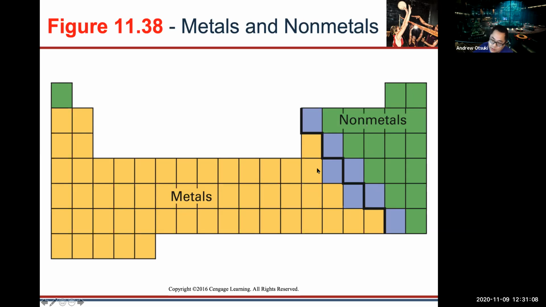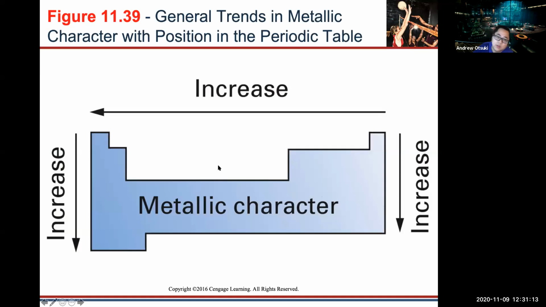or about their properties. Okay, and then last but not least, our general trend in metallic character is that if we go back looking at our metal, it increases from right to left. So as we go away from the non-metals here into our alkali and alkaline earth, our metallic character increases.